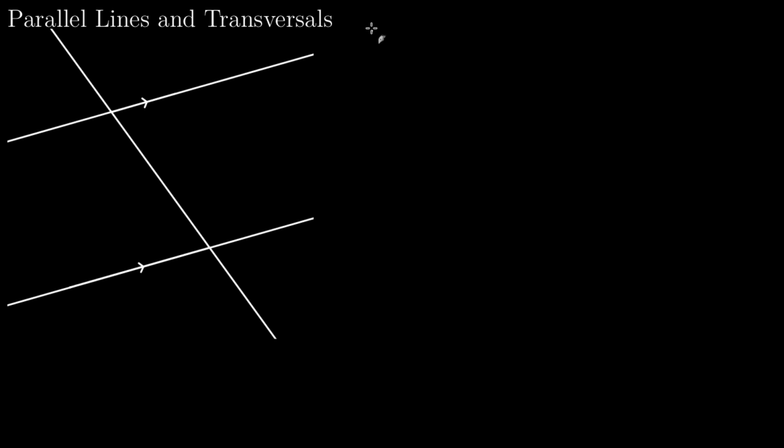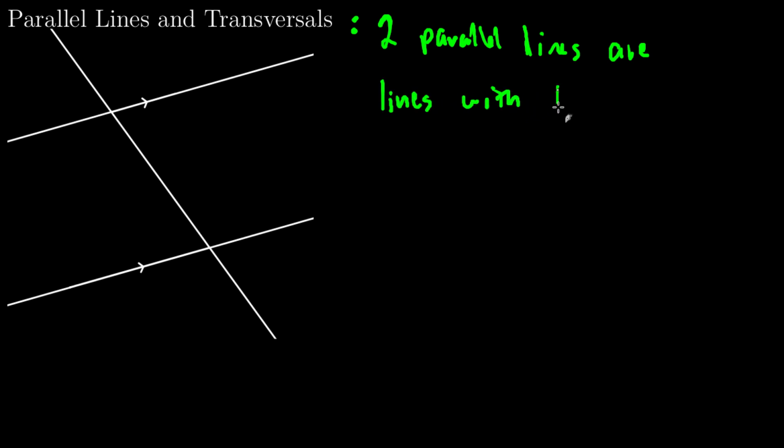And so, first off, we know that two parallel lines are, I'll say, lines with the same slope.